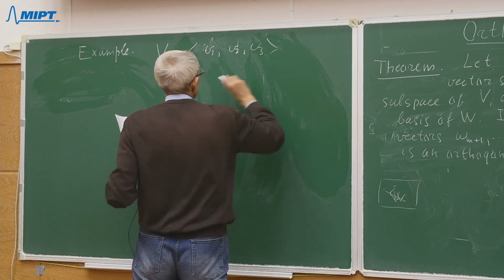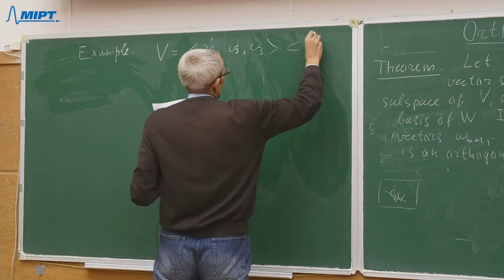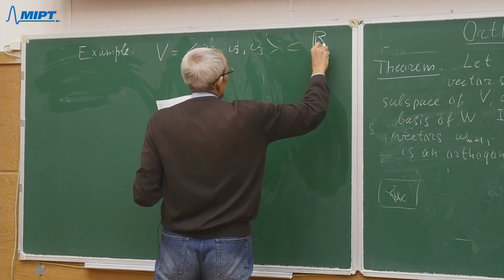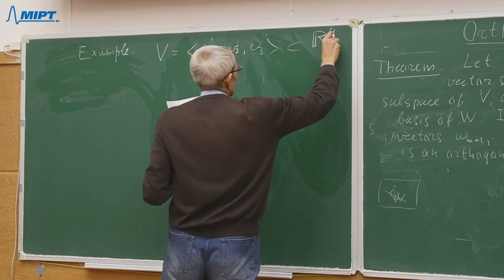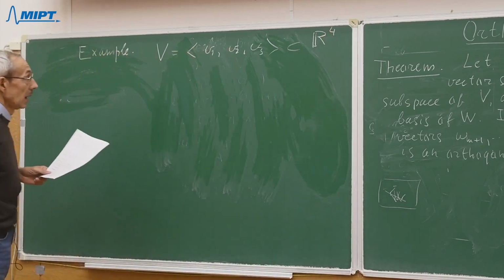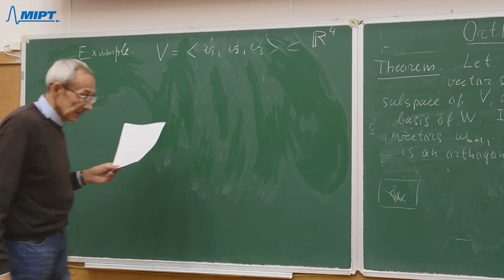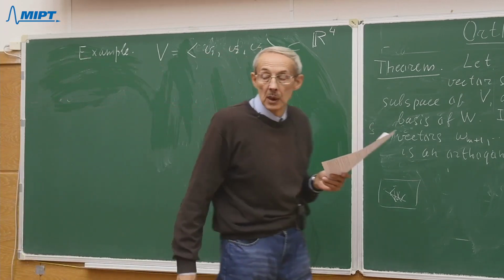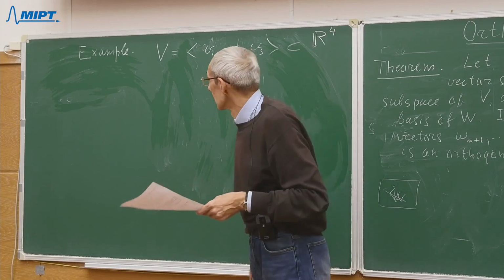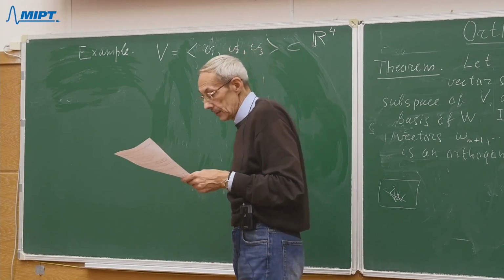This is a subspace of the vector space R4. And in this case, the scalar product coincides with the dot product.